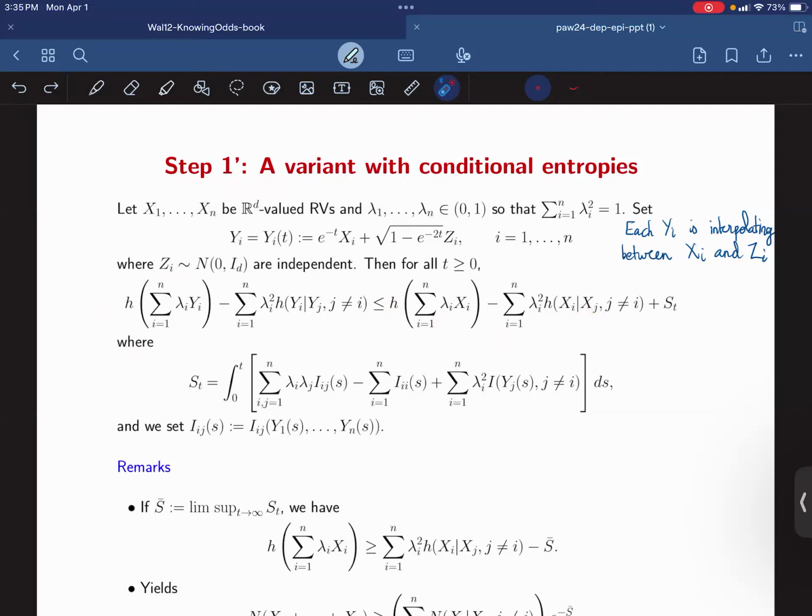The starting difference at time 0 involves just the x's, plus an error term. Okay, and that error term looks a bit complicated. We'll come to that in a minute.